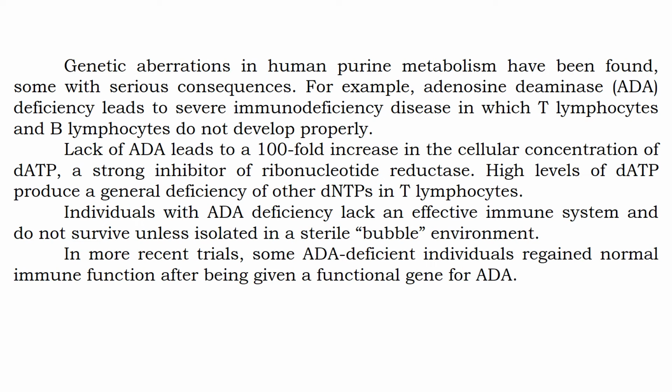Individuals with ADA deficiency lack an effective immune system, and they do not survive unless isolated in a sterile bubble environment. Every time they have to be in a special type of suit, such that there will be no attack by any organisms, and this is very high risk. In more recent trials, some ADA deficient individuals registered normal immune function after being given a functional gene for ADA.